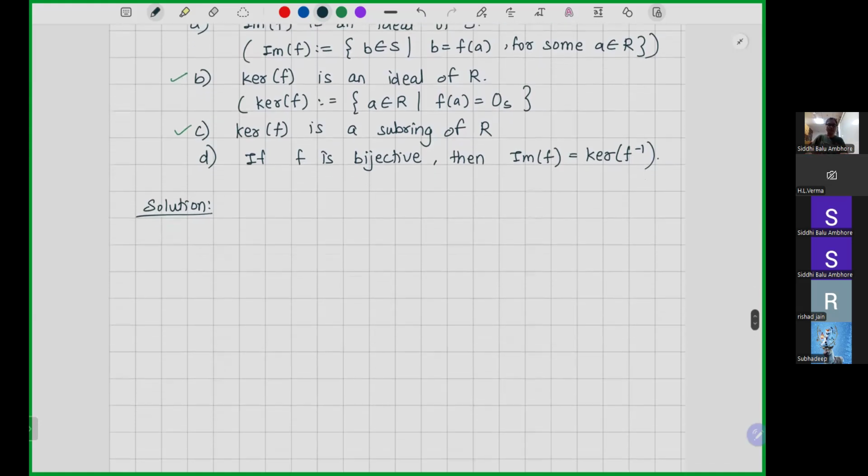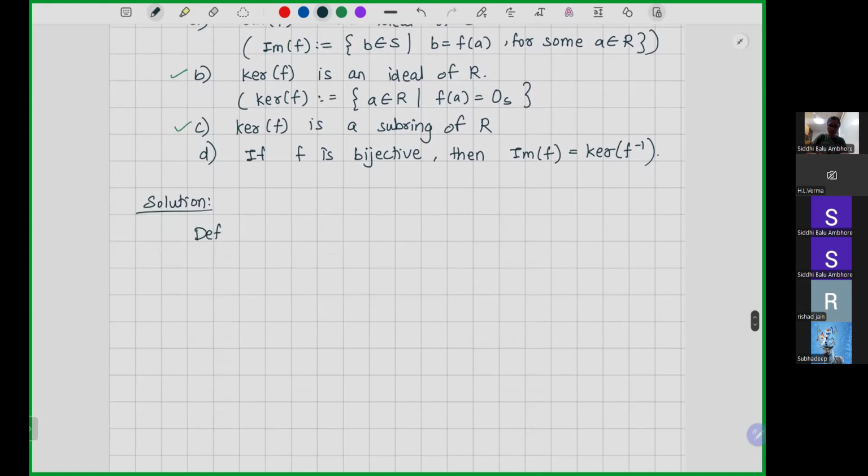If not, then let me quickly define what a ring homomorphism is, if you couldn't go through the lectures. Let R and S be rings.